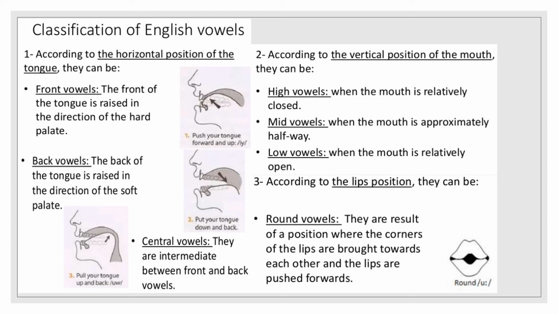You can see in the picture the air flow and the position of the tongue when producing vowel sounds. Next, back vowels. The back of the tongue is raised in the direction of the soft palate. So put your tongue down and back.